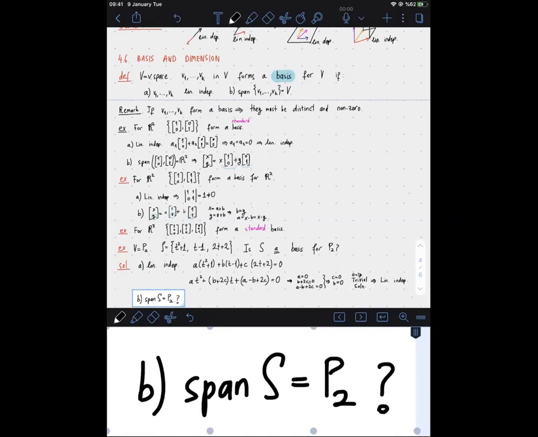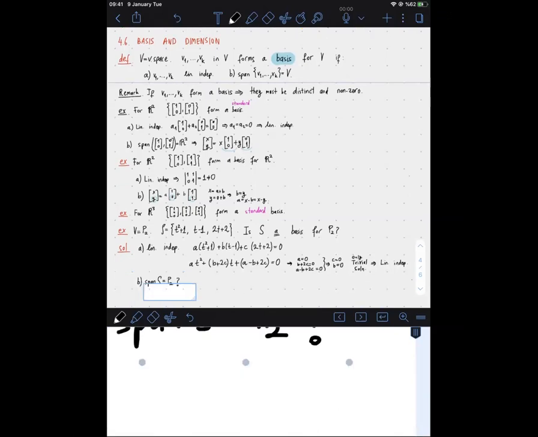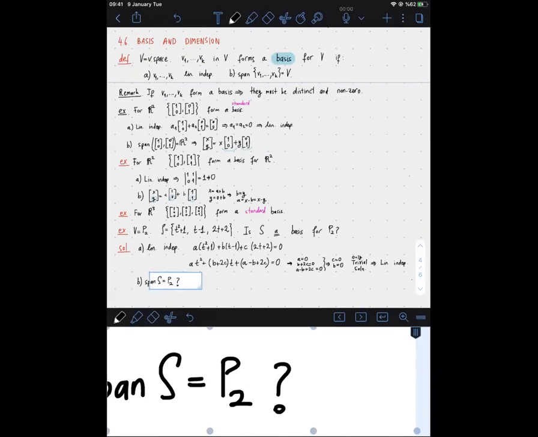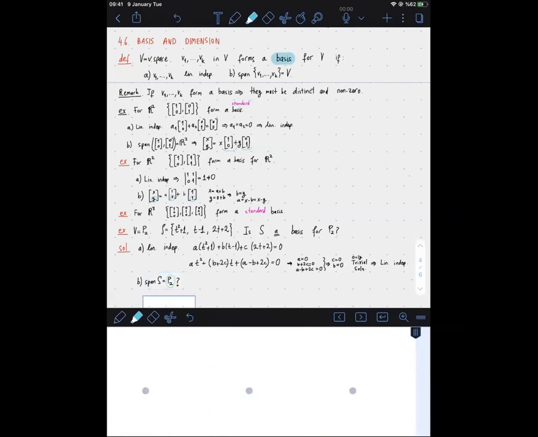So let's look at it. What does it mean to span? Span means if I take any vector in P2, I should be able to write it as a linear combination of vectors in S. That's the definition. So let's take any polynomial in P2.